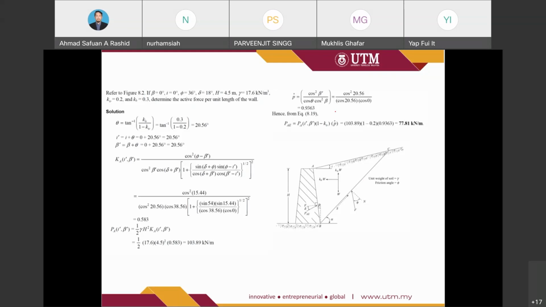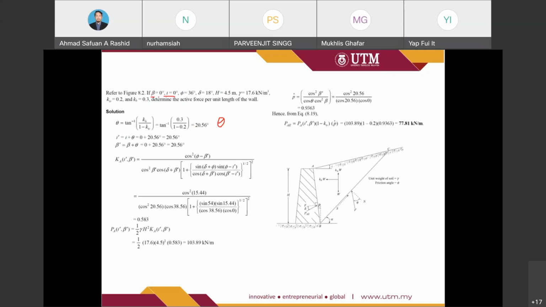So the first procedure is to determine theta. In this case, the value is 20.56. Then obtain I prime, which is equal to I plus theta. Because I is equal to 0, I prime is equal to theta.